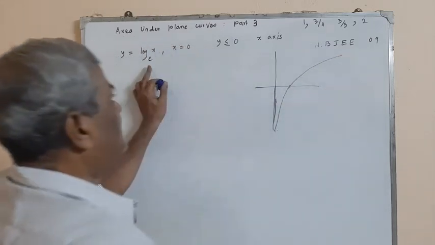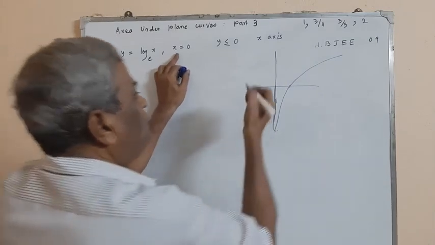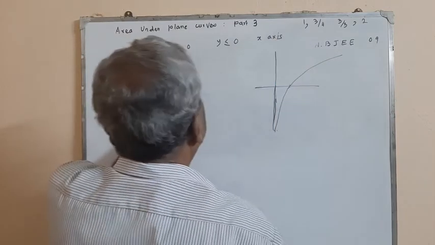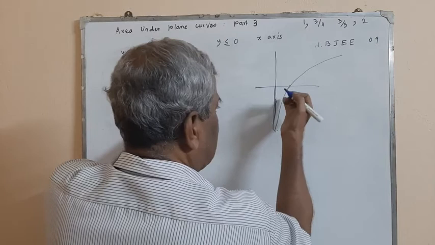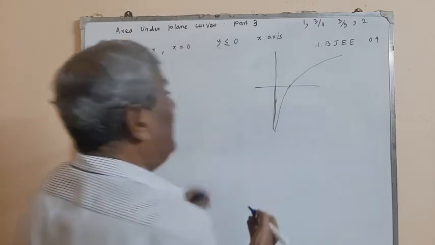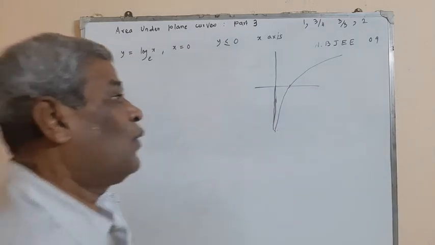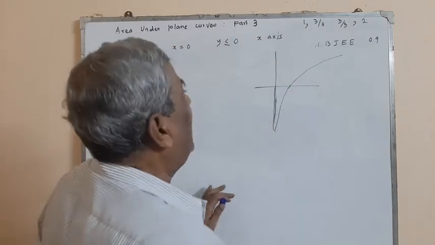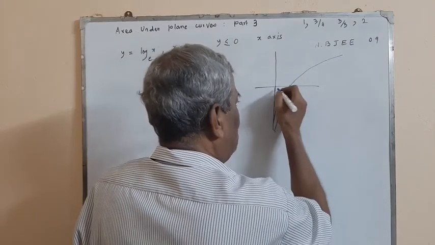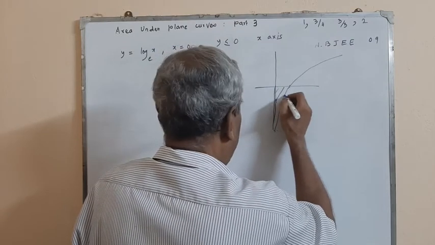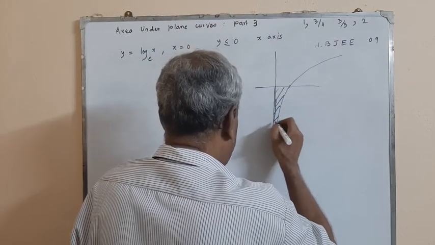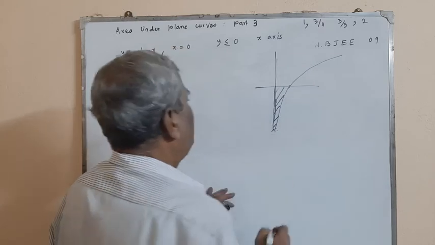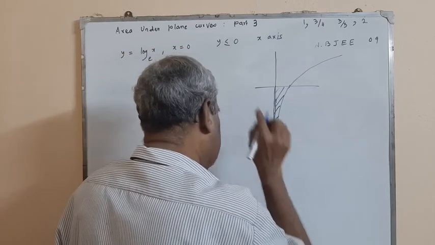This curve, x is equal to 0, the y-axis. Y less than or equal to 0 means below the x-axis, and the x-axis. So the region is this. This starts from minus infinity.